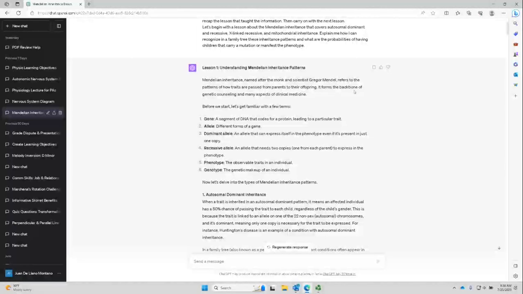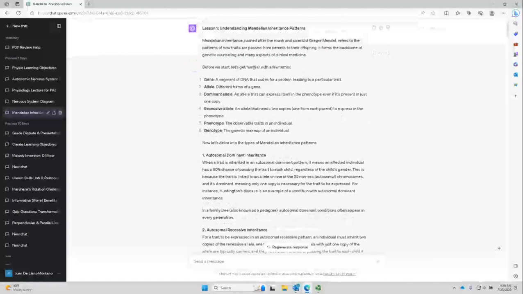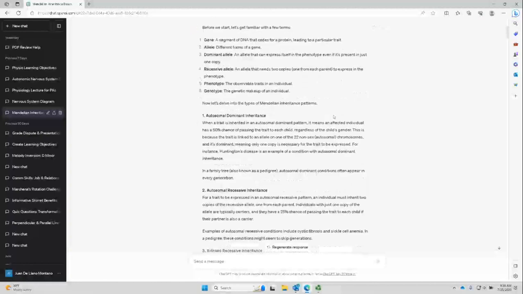Okay, and it tells us a little bit about what this means for genetics. As part of the lesson, it gives us some terminology: gene, allele, dominant, recessive, phenotype, genotype, so we can understand the language. And then it enters into the different patterns.